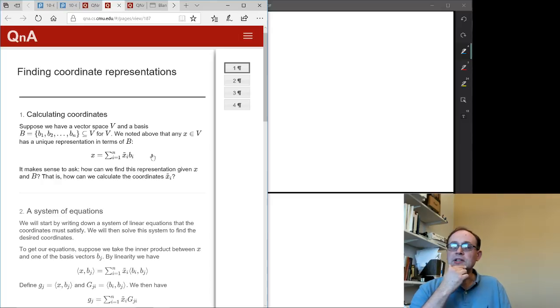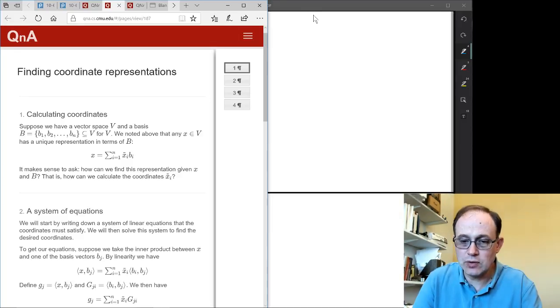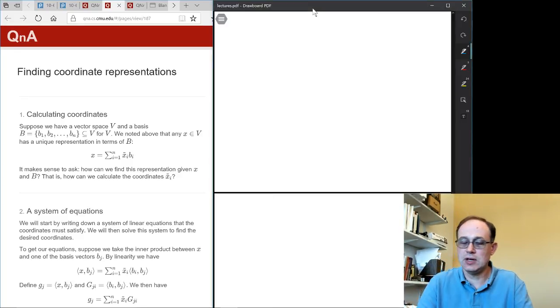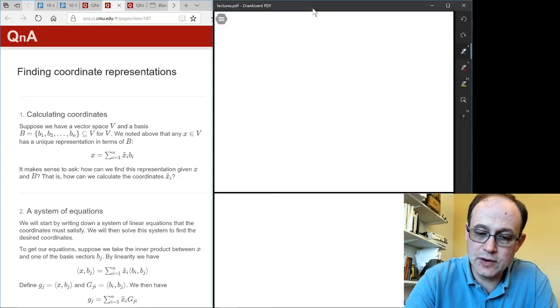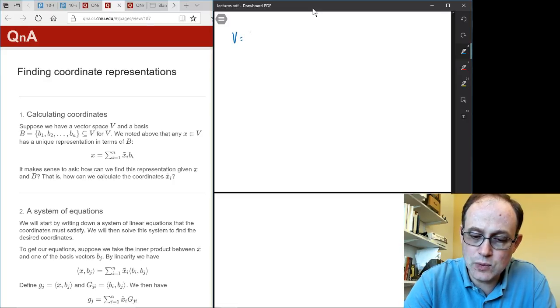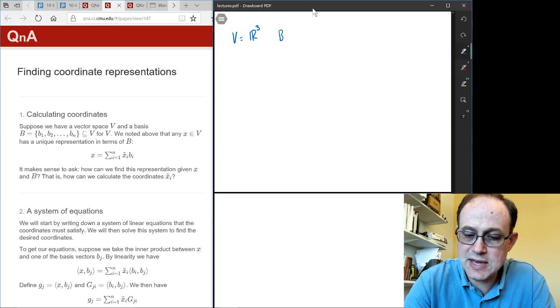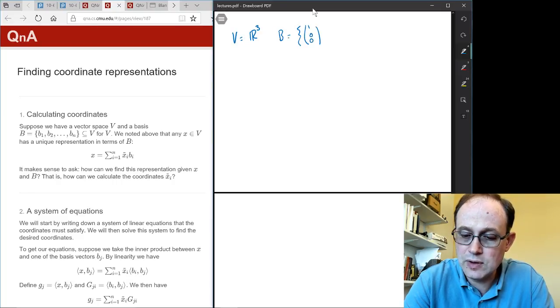A good example of a basis would be in R^n, right? So if we take V equals R^3, let's say, then we could take B to be the set of coordinate vectors (1, 0, 0), (0, 1, 0), and (0, 0, 1).